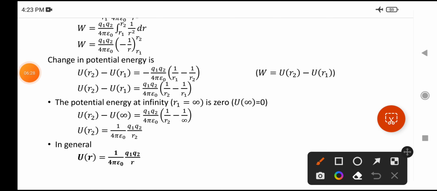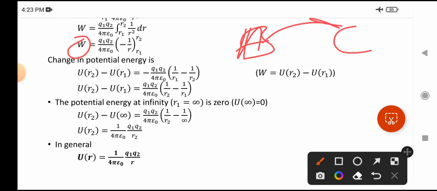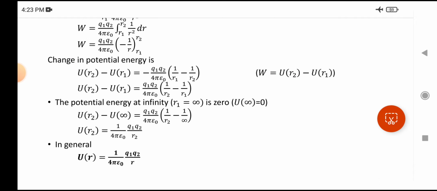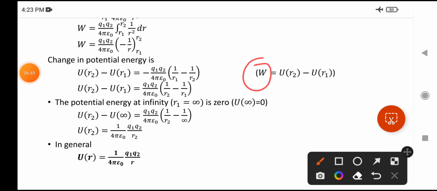Now the change in potential. At a different position, point B and point C, we have to go from B to C. At B it is potential energy U(r1), at C it is U(r2). In the place of W, the change in potential energy is substituted. Why?